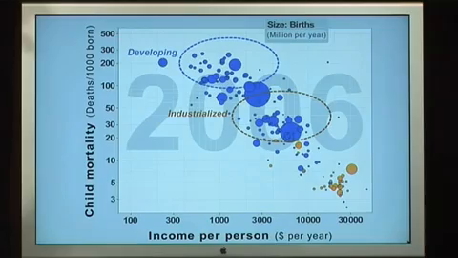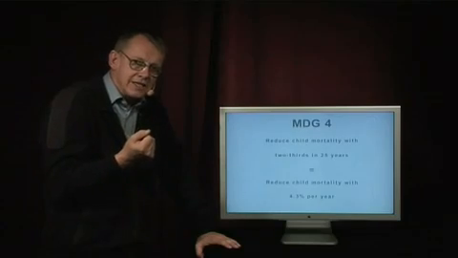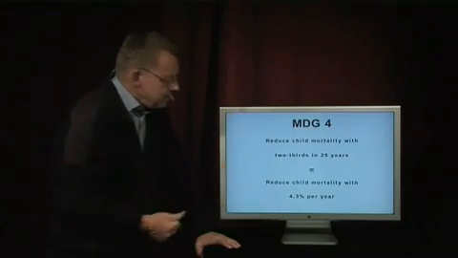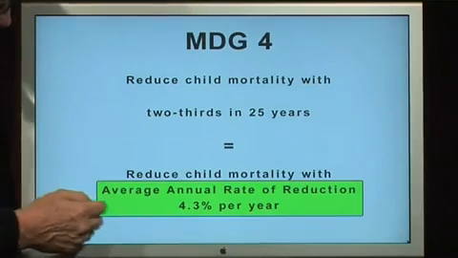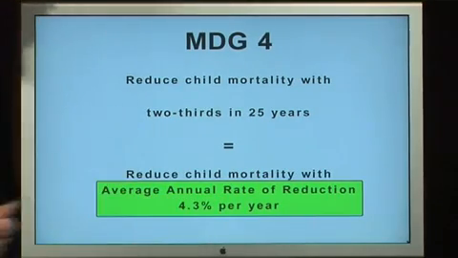Now, how fast did that change take place? Millennium Development Goal number 4 is specified by the United Nations as a lowering of child mortality by two-thirds in 25 years. That is in one generation. But a modern way to measure that is to measure the average annual rate of reduction.